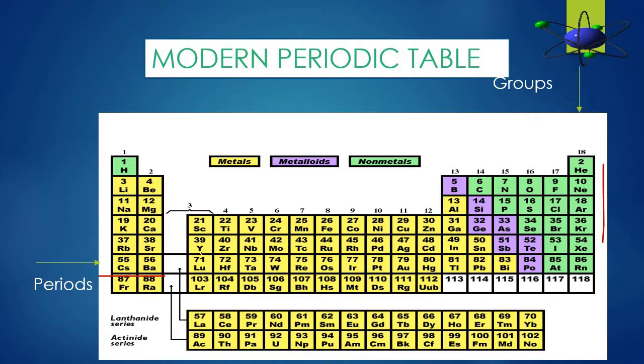The modern periodic table is divided into three types of elements: metals, metalloids and non-metals. Metals are in yellow color. These are the transition metals, and these are also metals.